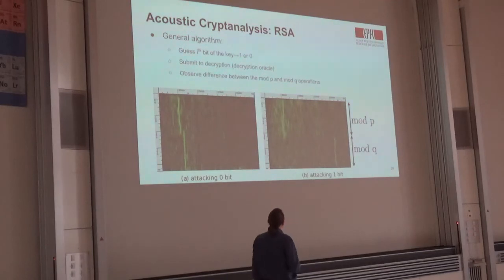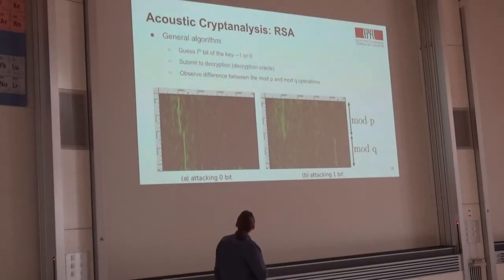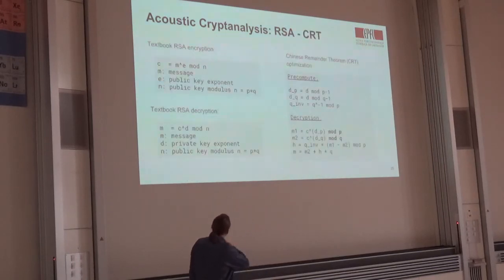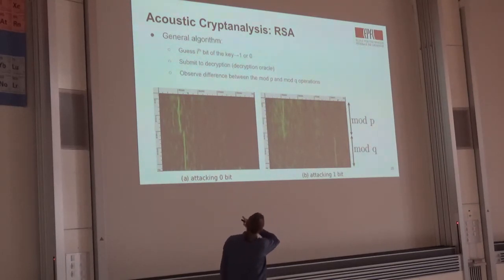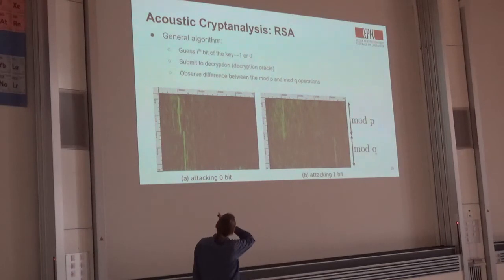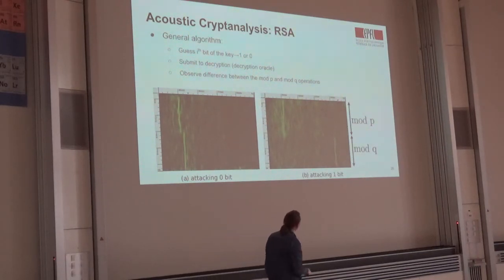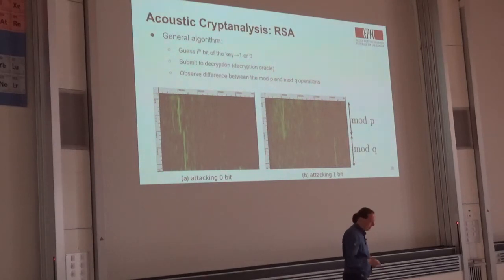In this case, the bit is either related to the part of the mod P or mod Q, and you can basically tell the difference based on where the hotspots are in this pattern.